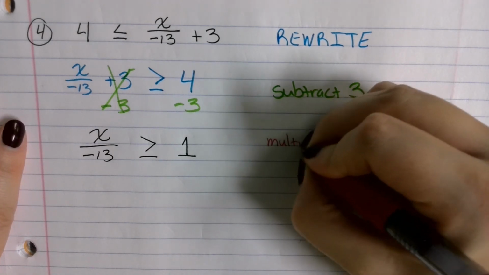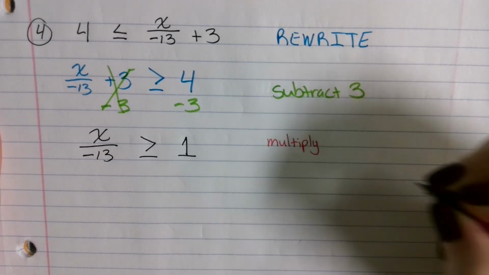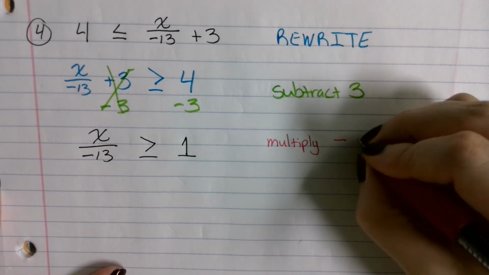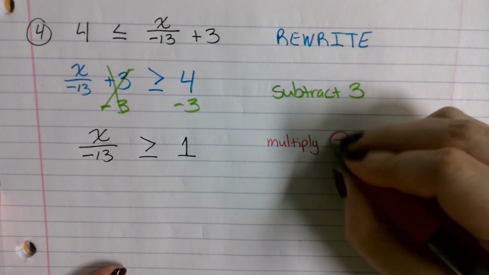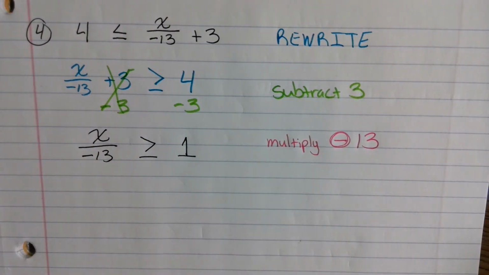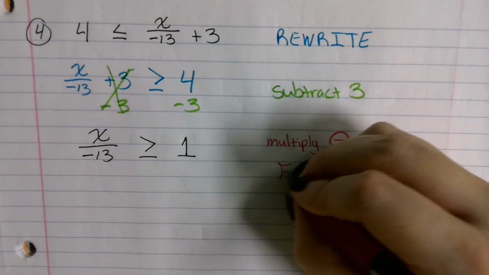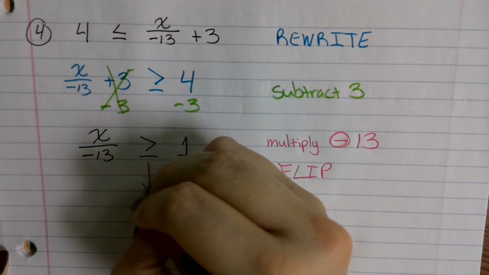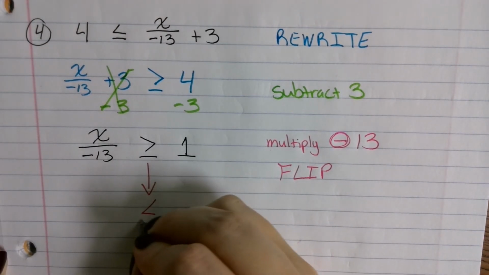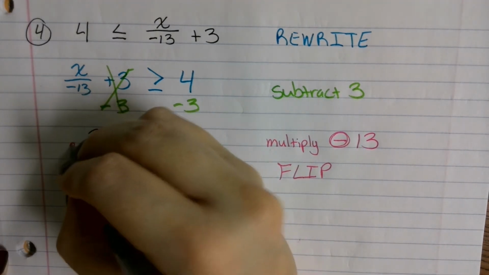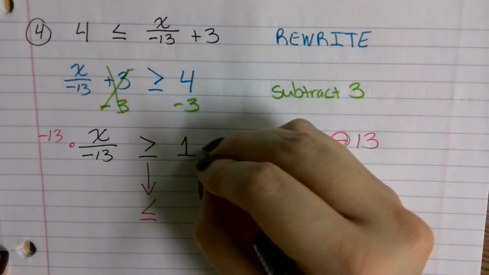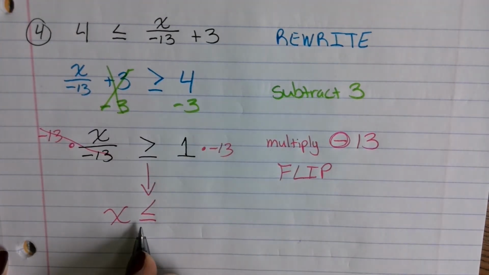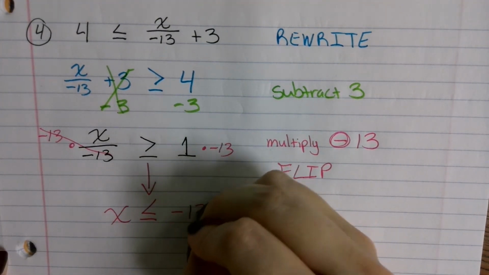Multiply by negative 13. Since we're multiplying by a negative, do we keep or flip? Flip. Multiplying by that negative means we need to flip the inequality. So the inequality becomes less than or equal to. Multiplying both sides by negative 13, we get that x is less than or equal to negative 13.